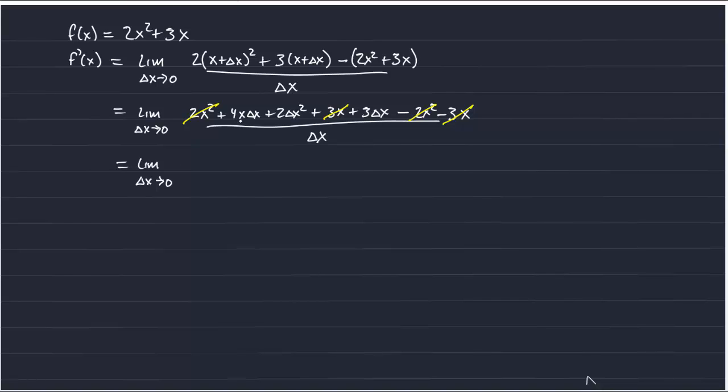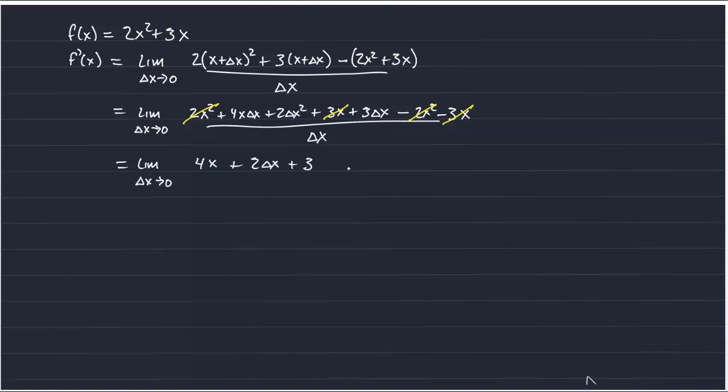We have 4x delta x over delta x, which is just 4x, plus 2 delta x squared over delta x, which is just 2 delta x, plus 3 delta x over delta x, which is just 3.